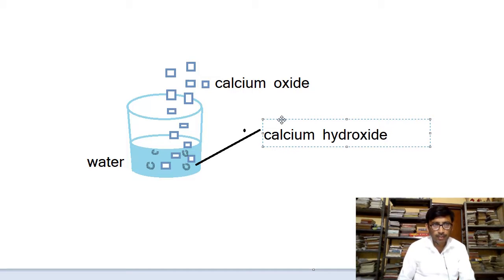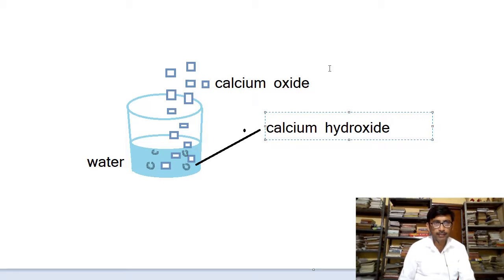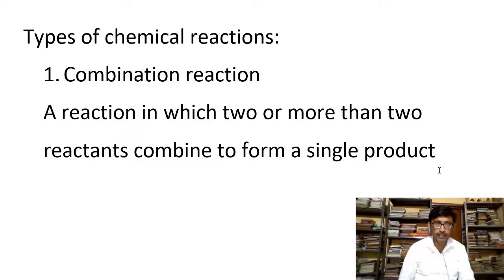Now since in this reaction two substances have combined to form a single substance, this is an example of a combination reaction. So we'll just write down the reaction.